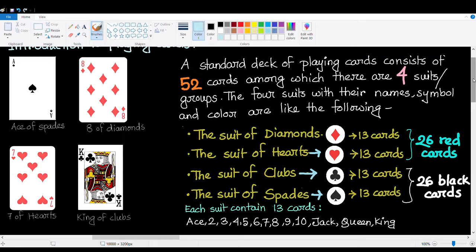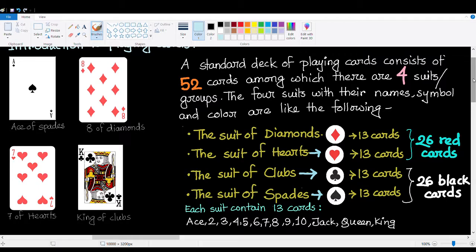You see that there are 9 numbered cards in each suit: 2, 3, 4, 5, 6, 7, 8, 9, 10. In each suit there will also be 4 special cards named ace, jack, king, and queen. There's an example at the left side to help you understand.